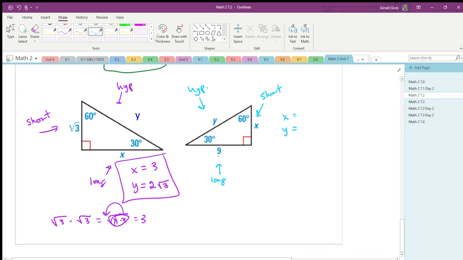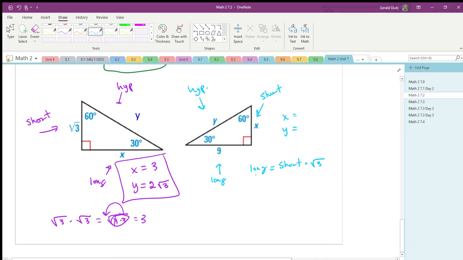This one is tough because it's different than any of the other ones: we don't know what the short leg is and we don't know the hypotenuse. Once I know the short leg, I can just multiply that times 2 to get the hypotenuse. If I was trying to find the long leg, it equals the short leg times the square root of 3.